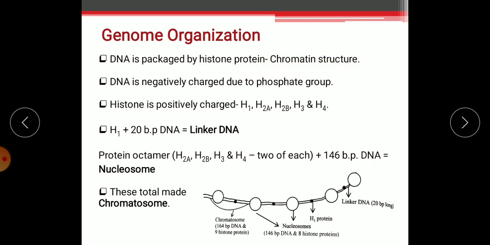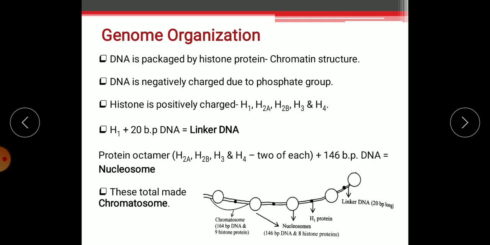In the nucleus, the chromatin structure mainly consists of DNA packaged by histone proteins, where the DNA is negatively charged due to the phosphate group, and the positively charged histones make the DNA packaged. These histone proteins are mainly of 5 types: H1, H2A, H2B, H3 and H4. These 5 types of histone proteins help with packaging the DNA.